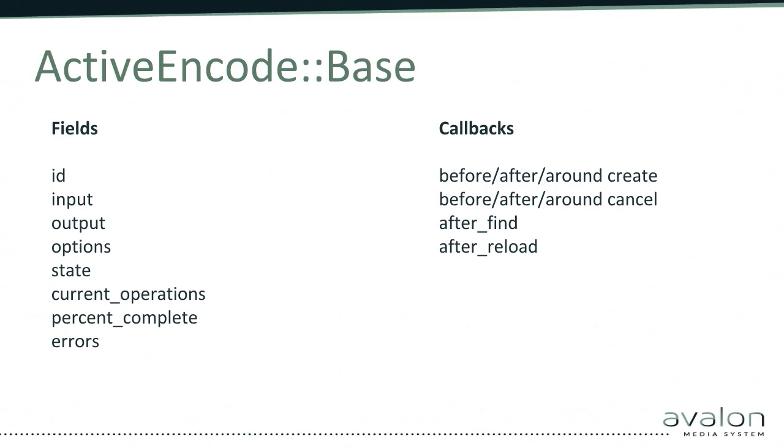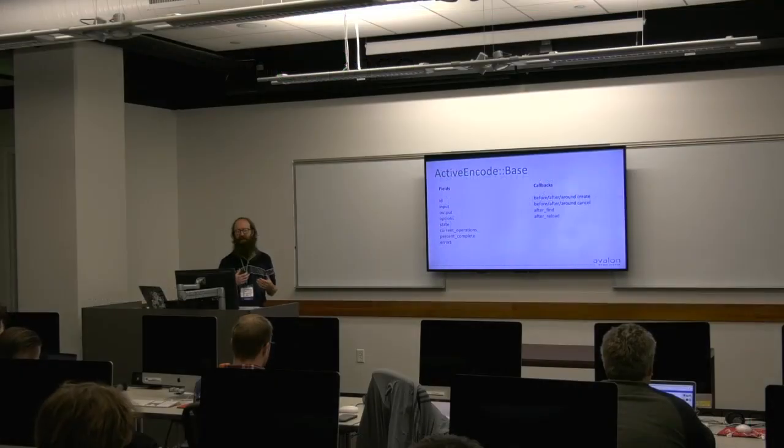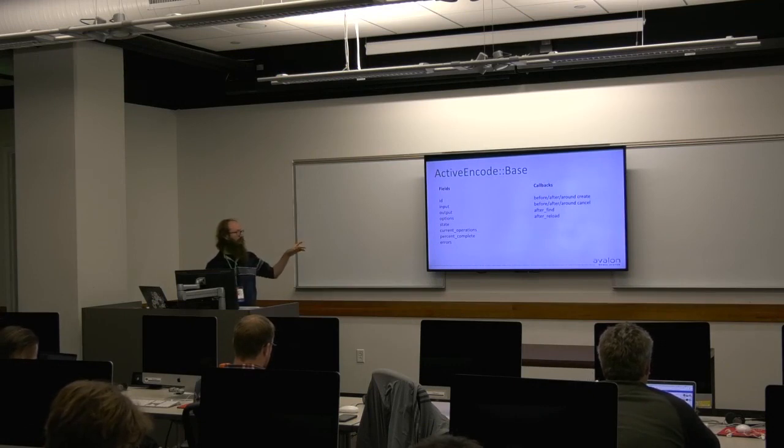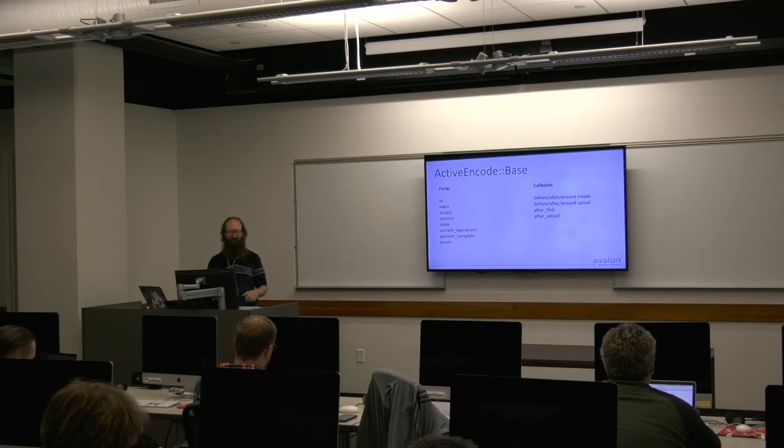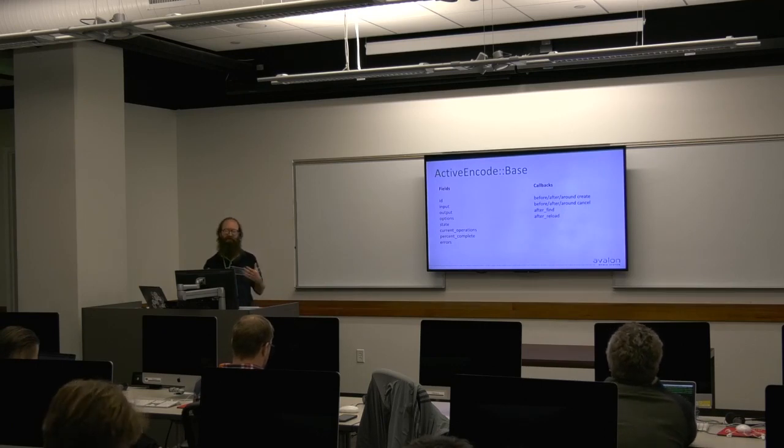On both of those, there's also some status information, like percent complete on the base object. On the outputs, I'm forgetting if there's percent complete, but there's at least a state saying this output is still running, this output is completed, here are errors on that particular output, here are errors on the input. It's trying to give you all the state information that's possible for a given encoding job.